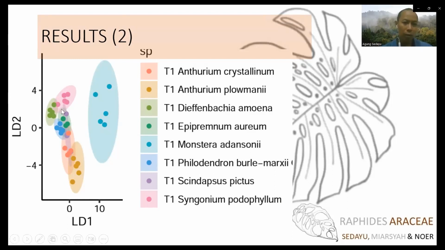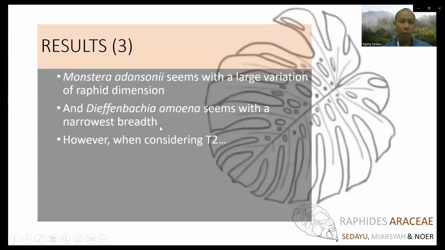You can see this green one has smaller and the least variation, which we think means Monstera adansonii may perhaps pose a greater or higher threat to gardeners compared to Dieffenbachia amuna.